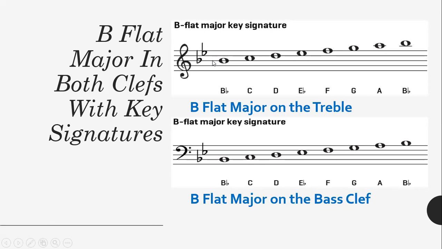Then what's going to be the next one? D. Yes. Then what's going to be the next one? F. So now our first sharp will be on line 5. Do we understand?